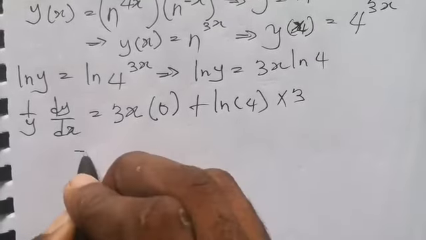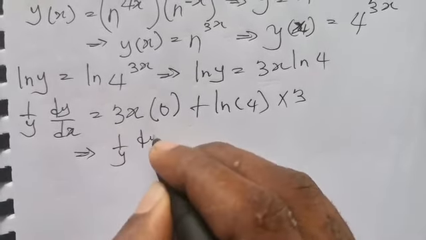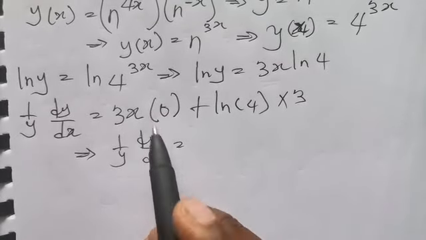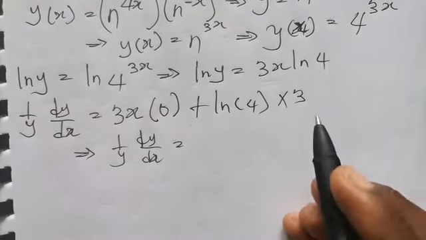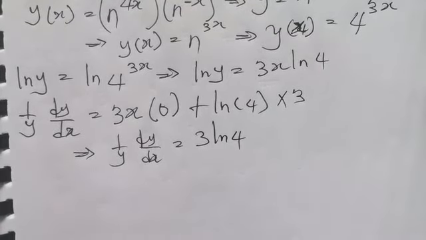If I differentiate 3x, I will simply have 3. So 1 over y dy over dx is going to be equal to 3x times 0, which is 0, plus 3 multiplied by ln 4. So this is simply 3 ln 4.